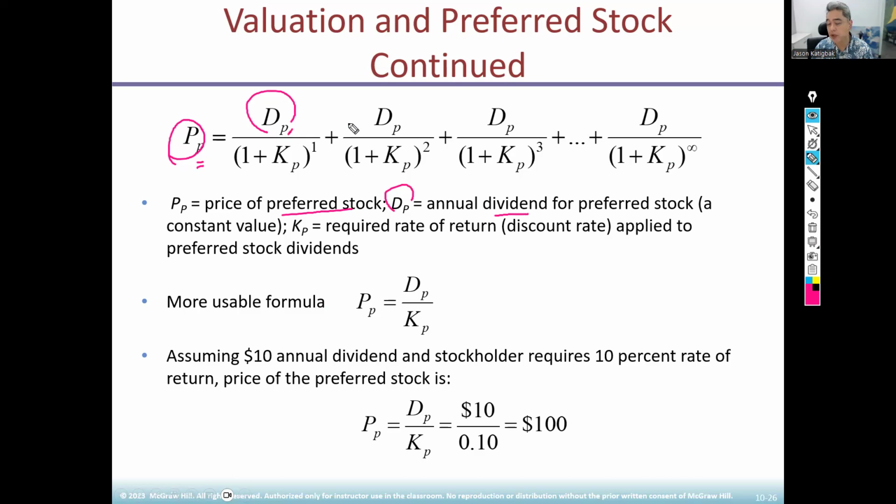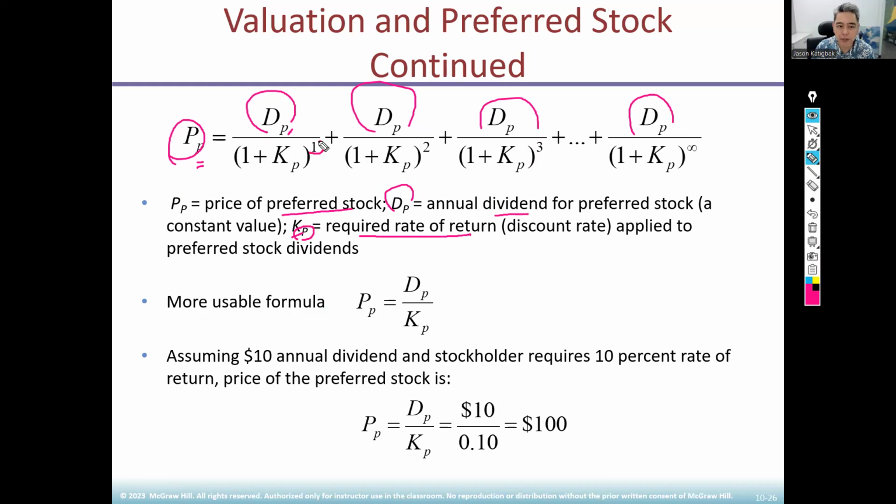So this can be a common stock or, right now, a preferred stock. The numerator is the annual dividend. It can be $10 a share, $20 a share, $2 a share. And then K is the required rate of return.